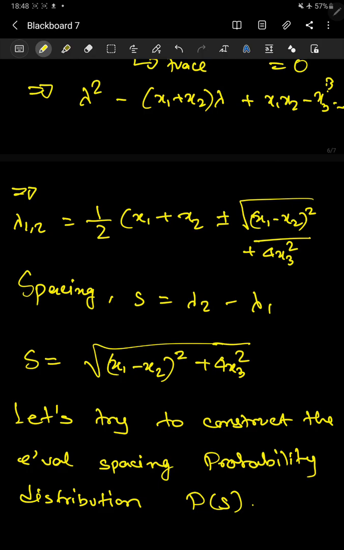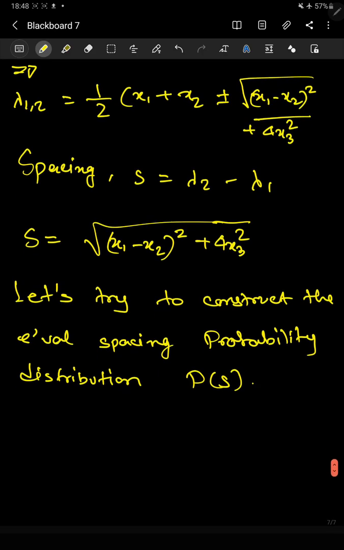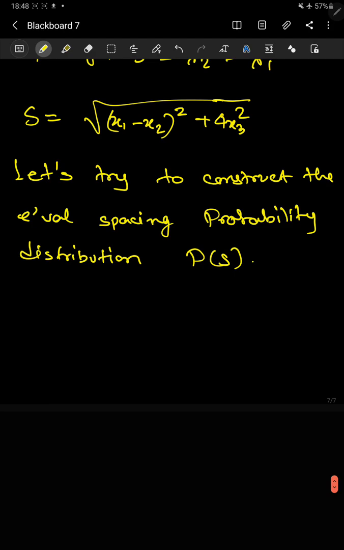Before we start, note that all of the three variables involved here, that is x1, x2 and x3, are picked from a Gaussian ensemble or a Gaussian distribution, of course with different mean and variance.